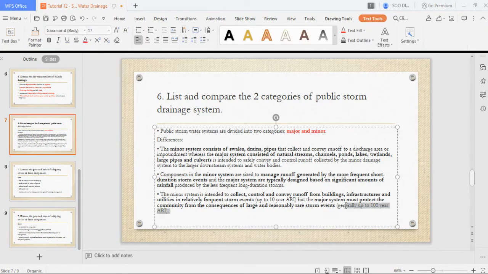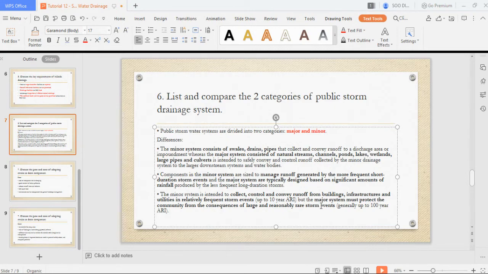So if you look at how rainwater events happen, how rain happens, rain has a cycle.